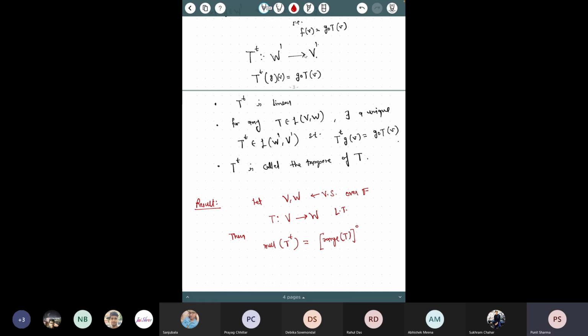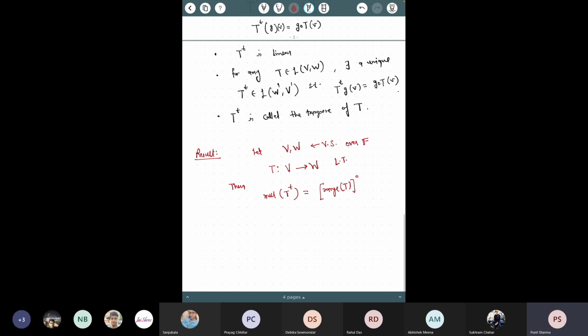You can actually prove this, but you can also remember it easily, because the null space of T transpose is a subspace of W', and if you want it equal to some subspace, that subspace should also be a subspace of W'. Now, the range of T is a subspace of W. If I take the annihilator of the range of T, that would be a subspace of W'. So that way you can say that the null space of T transpose is equal to the annihilator of the range of T.